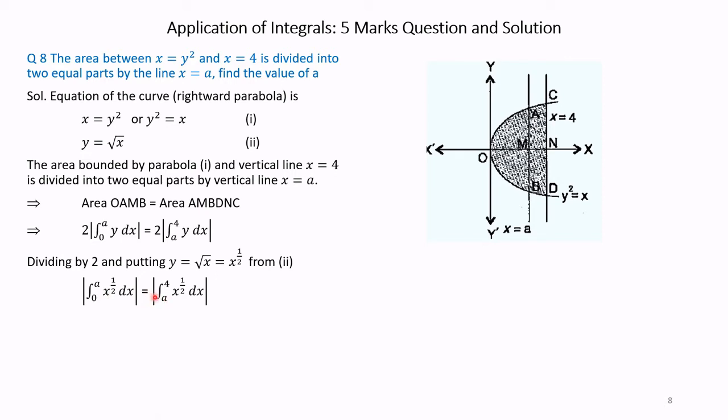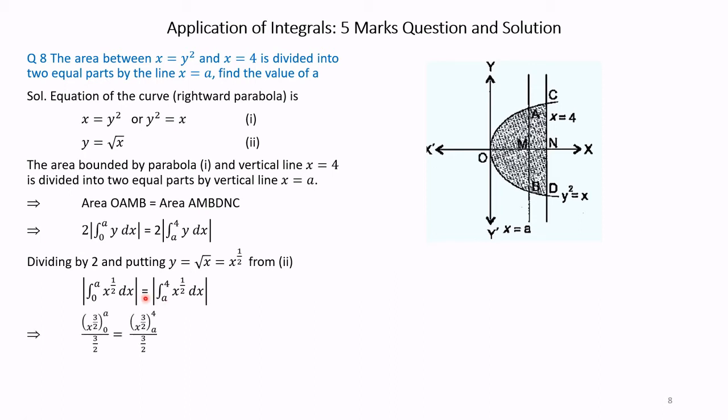That is, the right hand side is integral a to 4 of x to the power of half into dx. On the left side, the variation is 0 to a, and the right side part is a to 4. That is what we have substituted here.